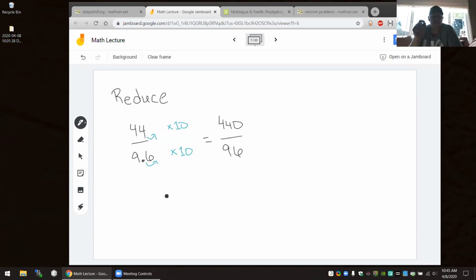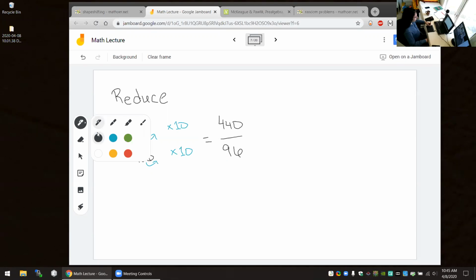What I was asking, I'm sorry, was what if you had the same, let's say 4.4 on top and 9.6 on the bottom? Ah, sure, we could do that. So let me back up a little. If there was a decimal point here, then in a way it's easier because the same scoot is going to clear both of them and I have nice small numbers.